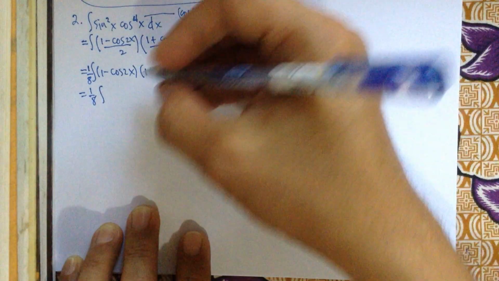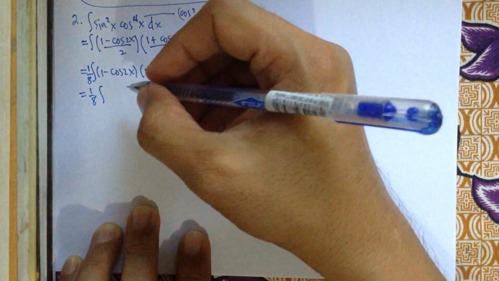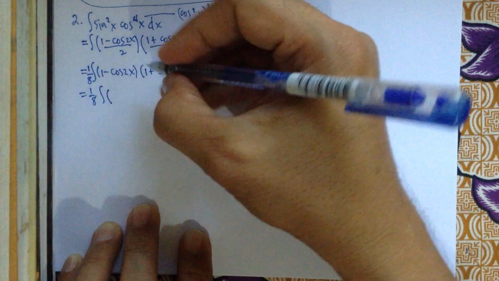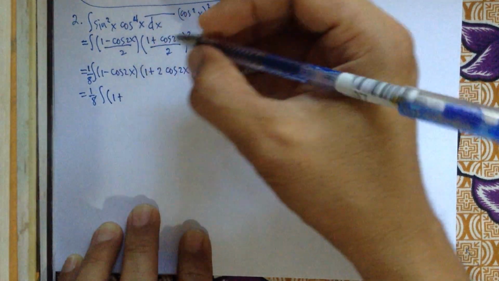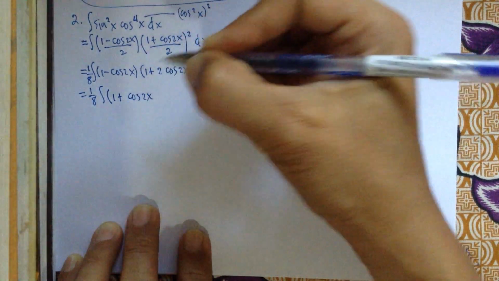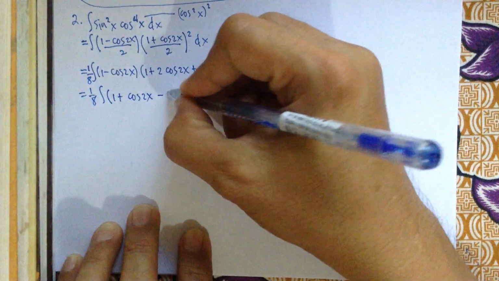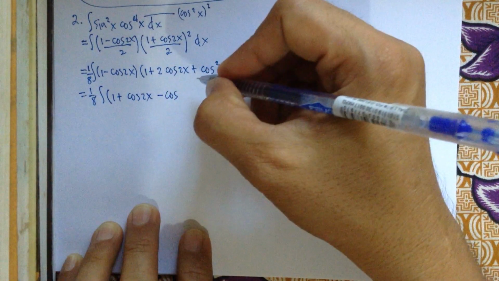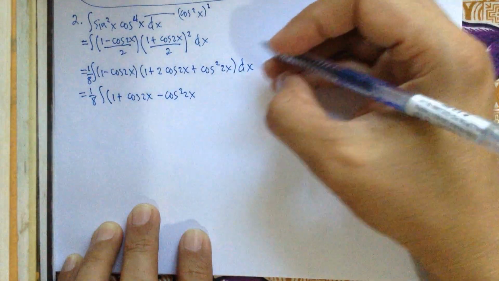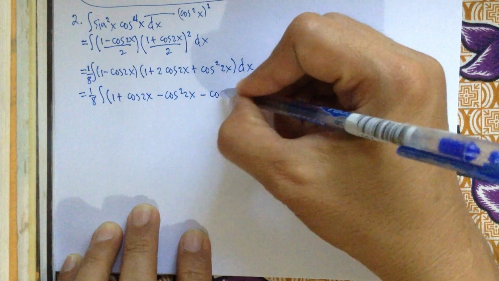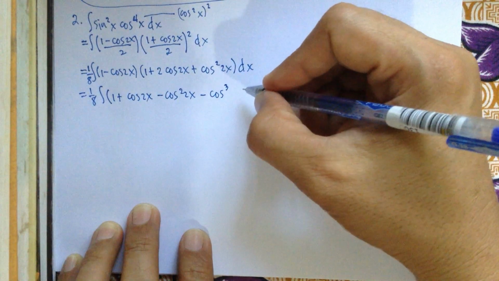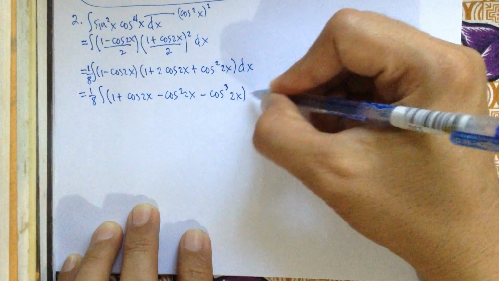I will no longer put the computation in detail, but the product of that is equal to 1 plus, you can check later, okay, cosine 2x minus cosine squared 2x minus cosine cube 2x, okay, dx.